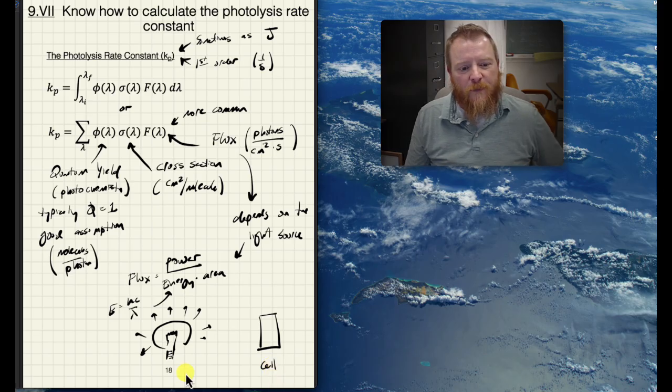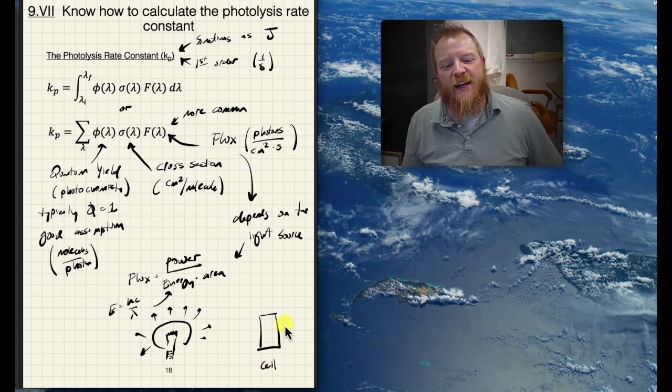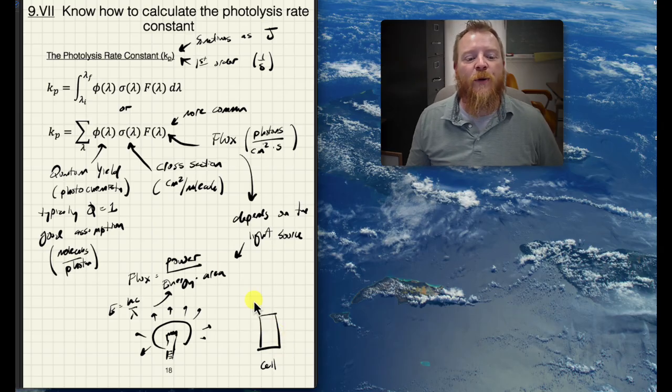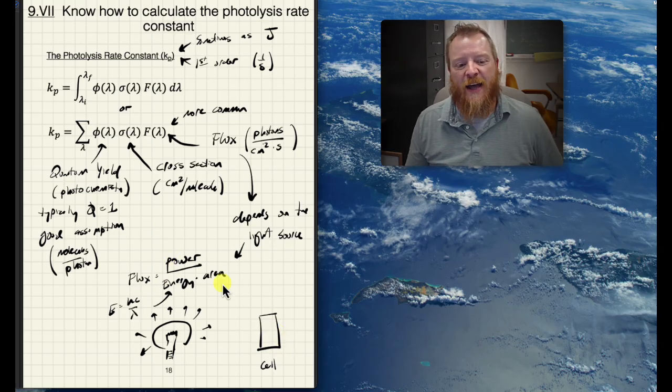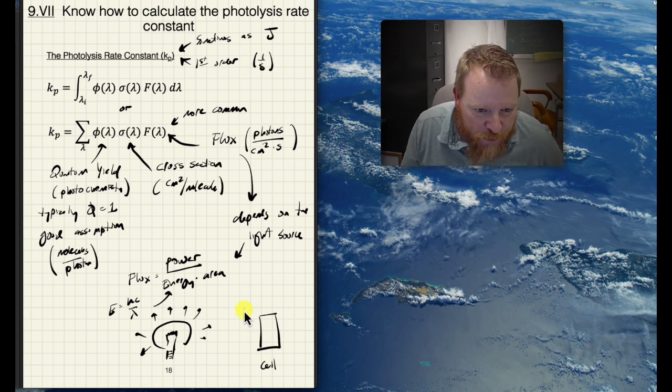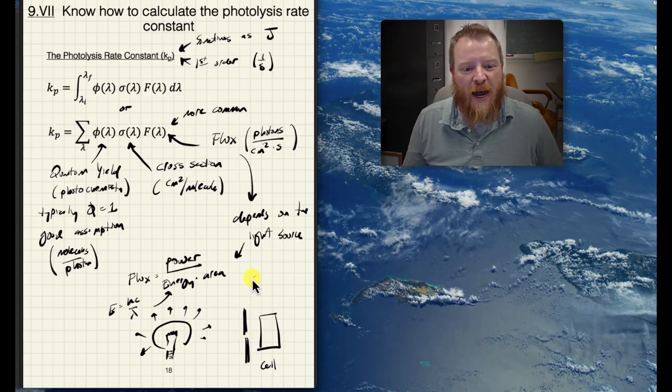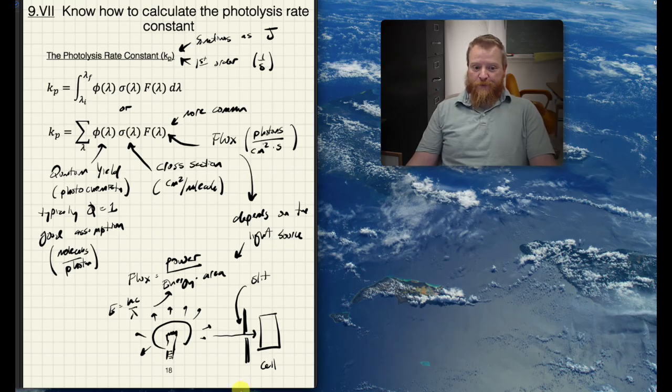If we were to just set this near the lamp, we would certainly get photochemistry going on. However, we would have a hard time calculating exactly how much flux is occurring. So typically what we would do is put a narrow opening right next to it, some type of slit.